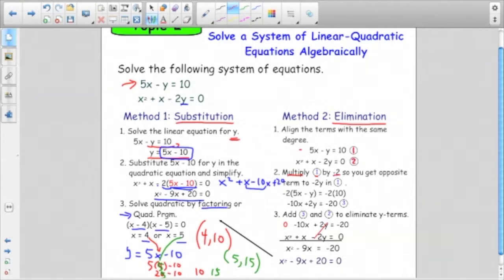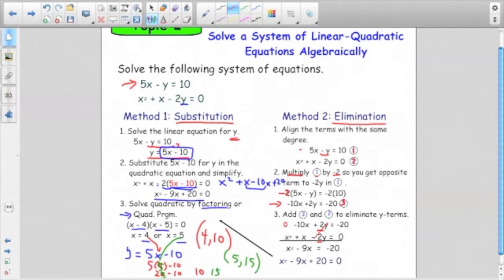Because if I multiply by negative 2, that y becomes positive 2y. And then a positive 2y and a negative 2y will eliminate. That's what I want to do. Okay, so if I multiply, I have to multiply the whole system. So I multiply all that by negative 2, and that's what it becomes. So I call that my system 3 now.